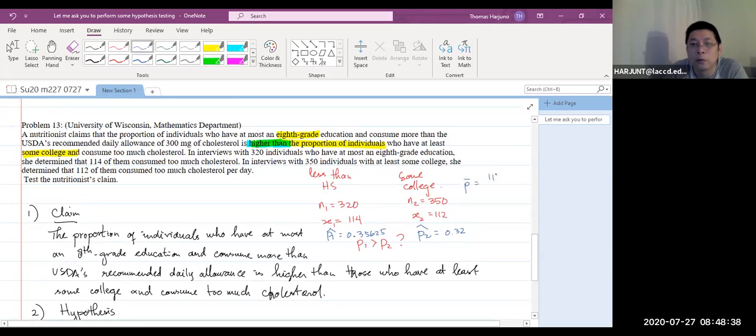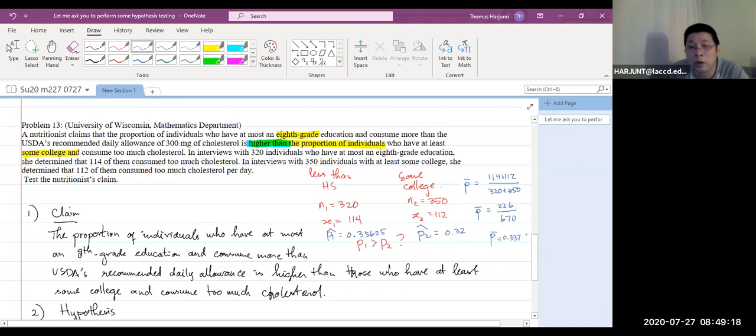That's 114 plus 112 over 320 plus 350. That is 226 over 670. That's 0.33731.